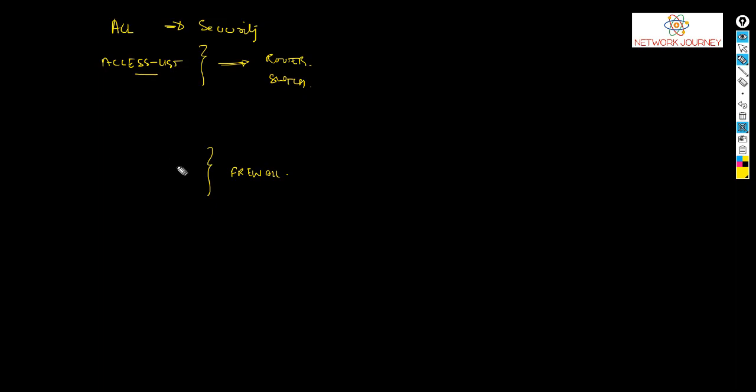I'm not saying that access lists are not required on a firewall, but we mainly use access lists on routers and switches to permit and deny, right? In the case of a firewall, we have a different mechanism for how it works.